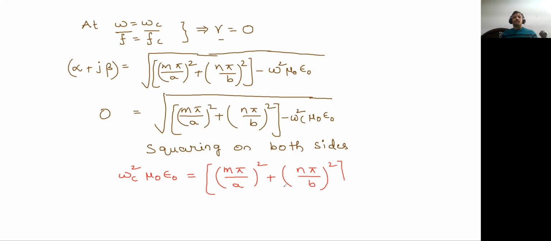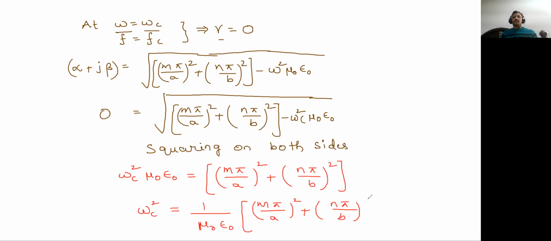Put this in a bracket. Now omega c square will be simply 1 by mu naught epsilon naught into (m pi by a) whole square plus (n pi by b) whole square. Now you have to find out omega c, because finally I have to get the fc expression.